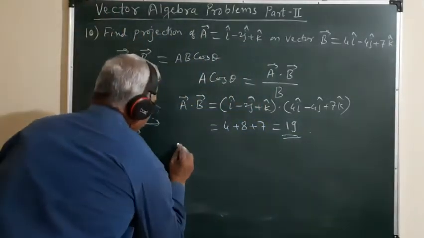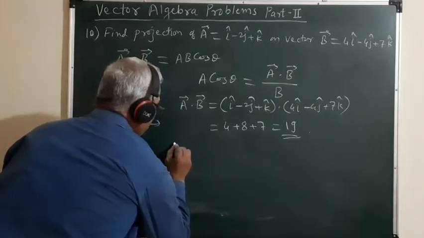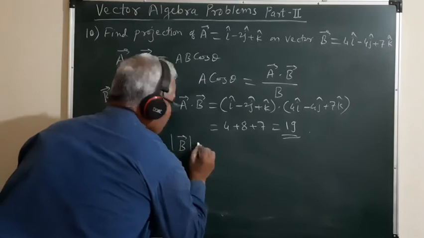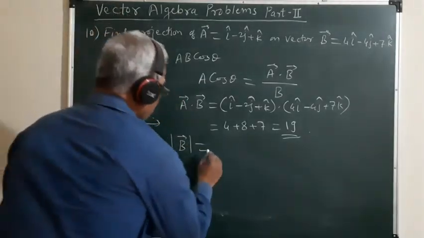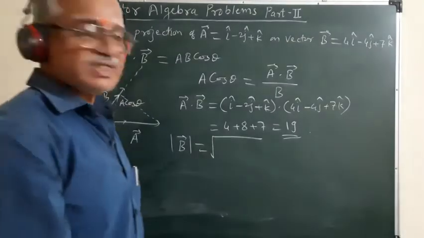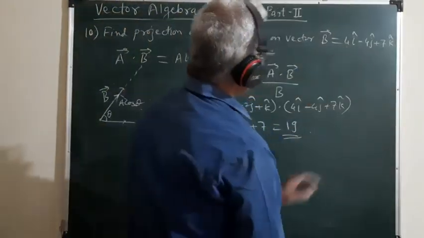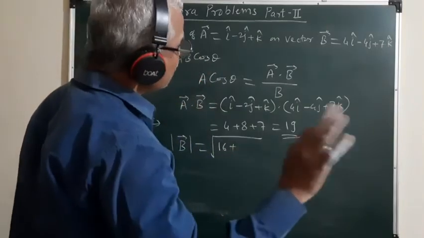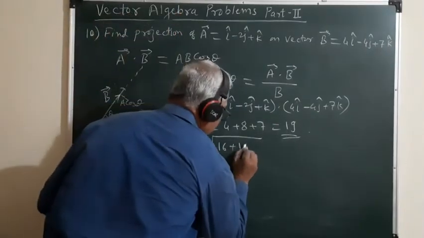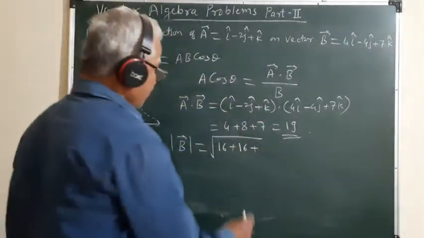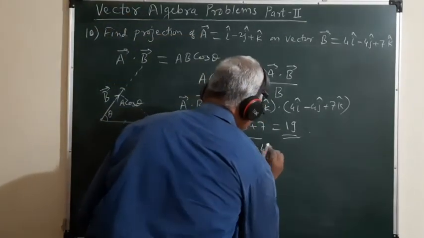Similarly, we can find out the magnitude of the vector B bar. Modulus of B bar is equal to under root bx square plus by square plus bz square. So bx is 4, its square is 16. By is minus 4, its square is again plus 16, plus bz is 7, its square is 49.